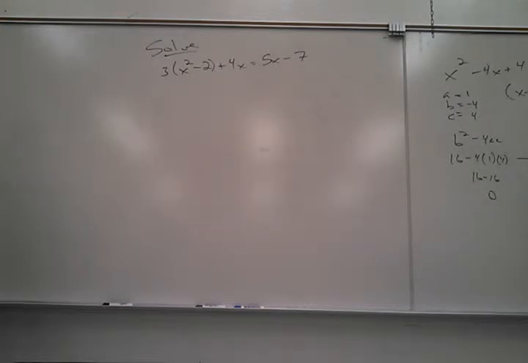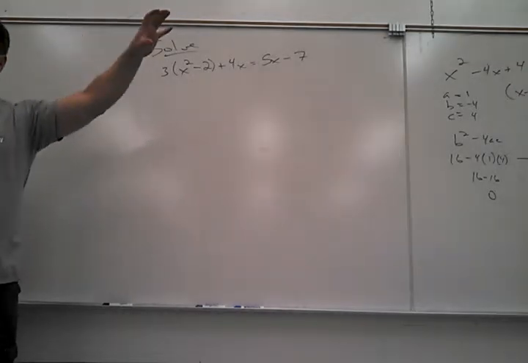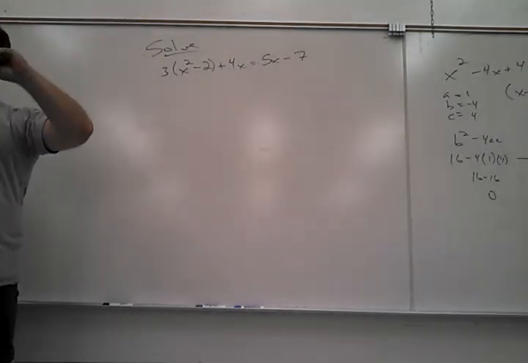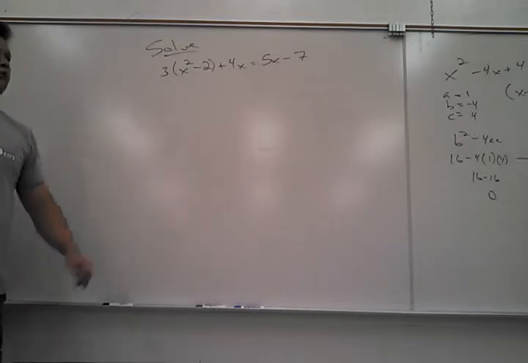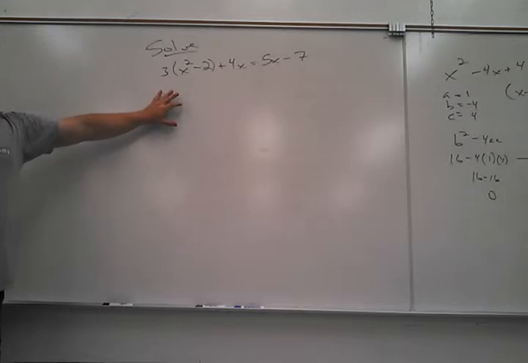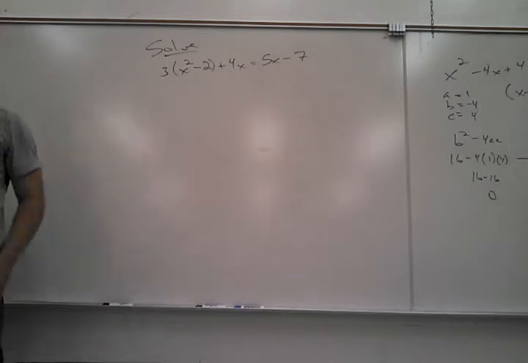Divide by 3? No, no need to. If I just say solve this, I am not going to use completing the square. Hell no. Right? You know I'm going to say solve using completing the square. You know I'm going to say that. But if I don't, quadratic formula is a shortcut to that. So I would definitely use quadratic. I can't use it right now because I don't know what all the coefficients are, because it's not in the right format. Right?